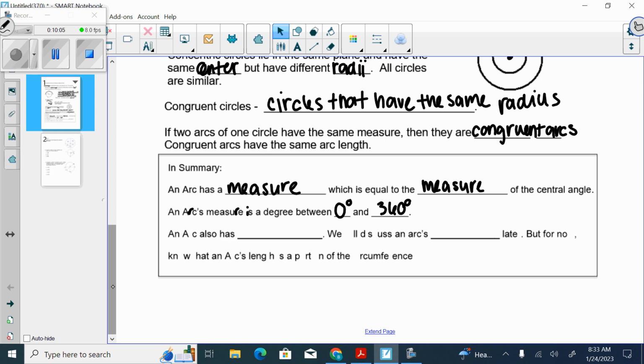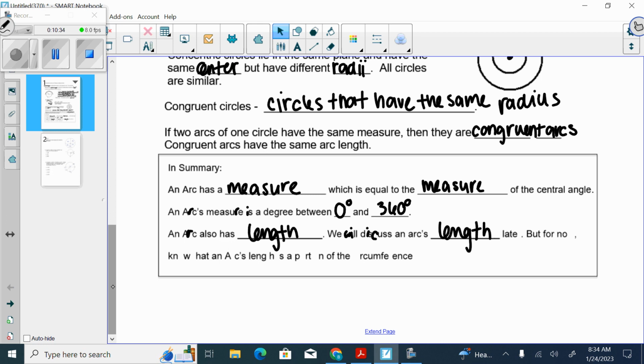In addition to having a measure in degrees, an arc also has something that we call arc length. We're going to go over that part tomorrow, but an arc's length is not measured in degrees. So we'll have to convert from what we're currently looking at into the correct measurement for arc length.